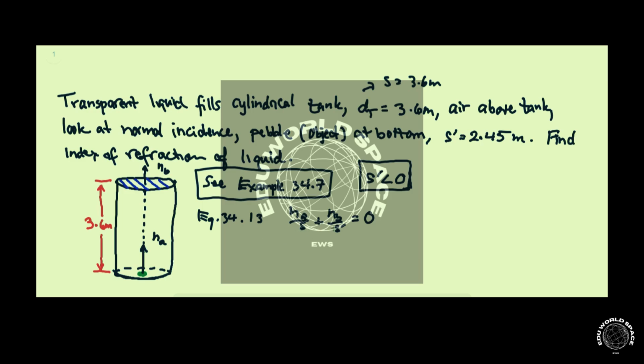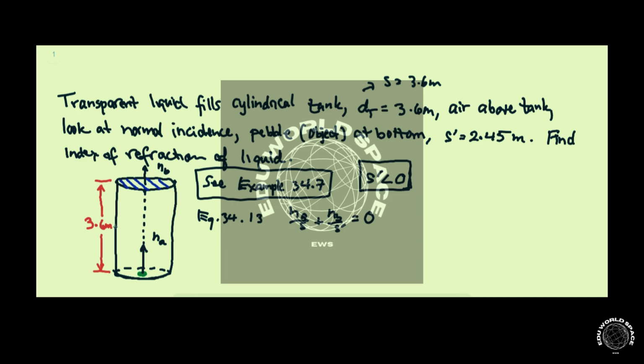Our goal is to solve for Na, that is the index of refraction of the liquid that we do not know. However, we have S prime, and we have NB. So it's just a matter of rearranging and solving.